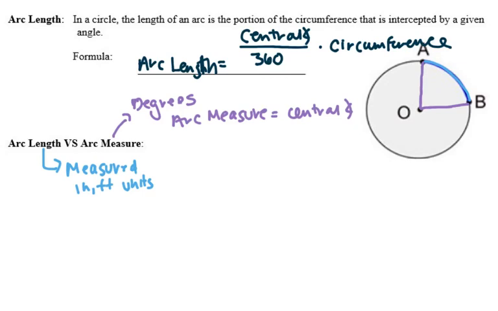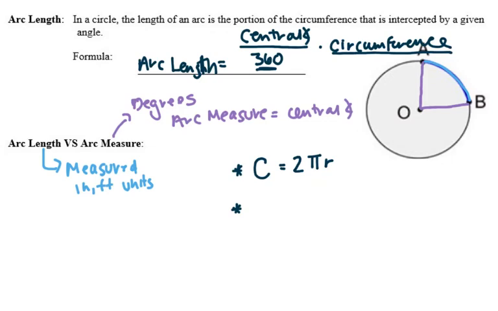Now, a couple side notes about our formula for finding this. The first side note is to remember our formula for circumference. Circumference is equal to 2 pi r. That's the formula that we use to calculate our circumference, so that's what we're substituting in for that circumference value. And the other note is that if you are using degrees as your units, then you use 360 in your formula here.